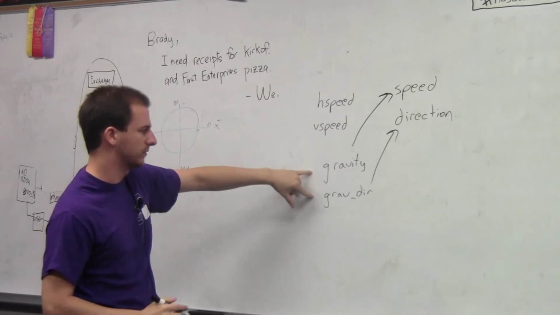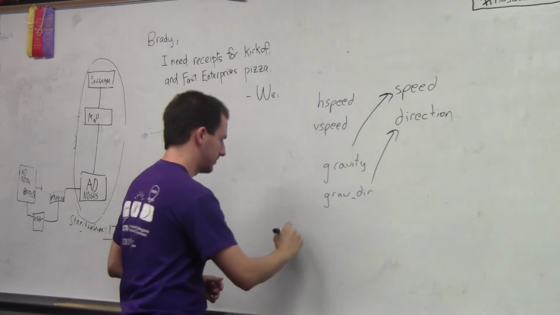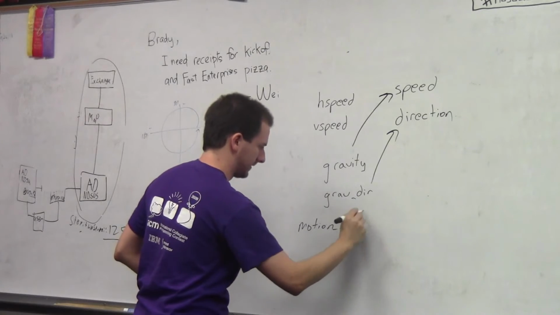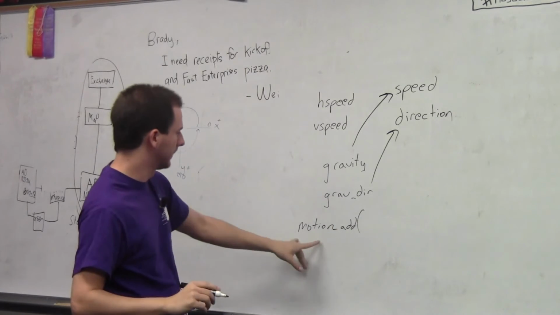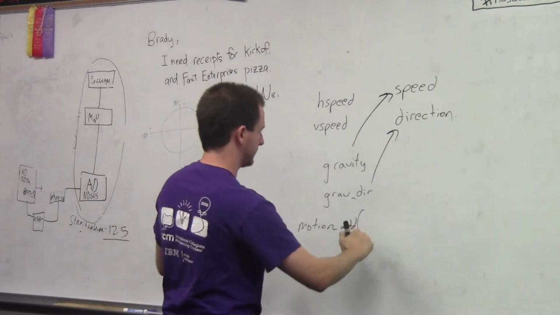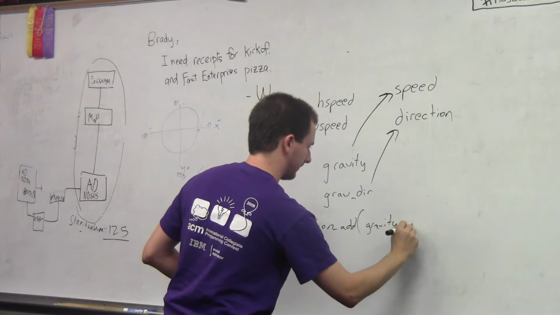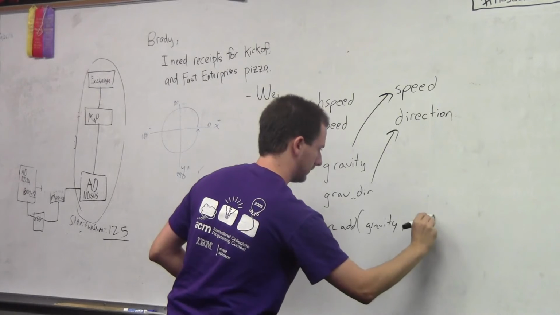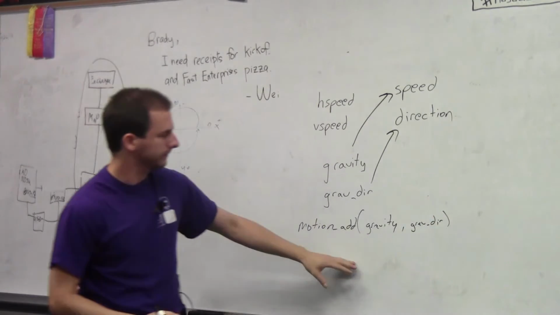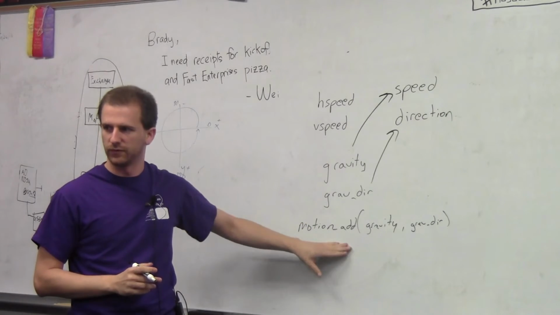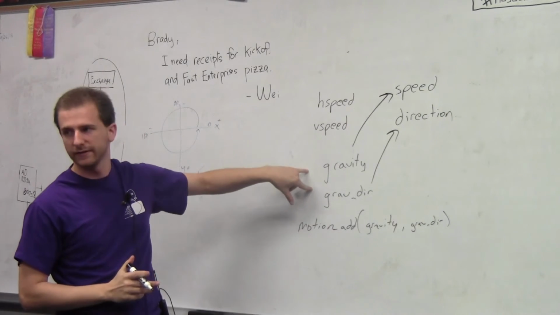Essentially, it does a motion add operation, and this is also a function in GameMaker, motion add, and then you add a certain motion. This will be gravity and the gravity direction. It's going to do this automatically every single frame if you have these set.